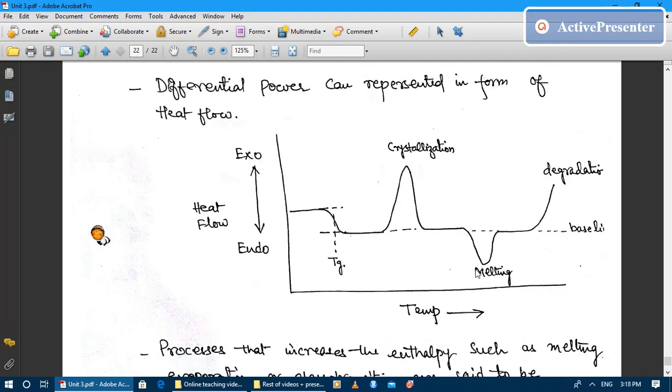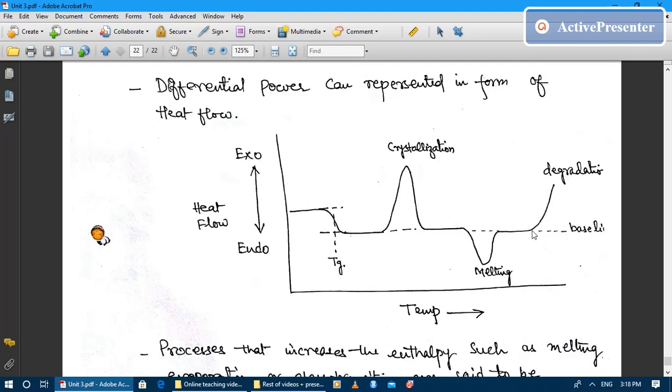The temperature just below the peak is the melting point. If we heat further, the polymer will decompose, it will undergo degradation.